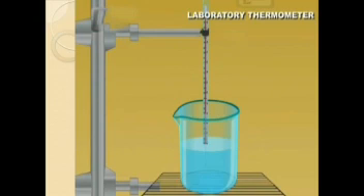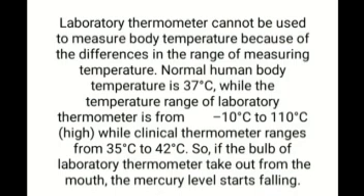So we learned the precautions needed for reading a clinical thermometer. The same things are there. Along with that, the above said 2 points are important. Hope you understood the difference between clinical and laboratory thermometers.